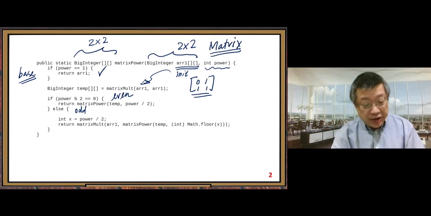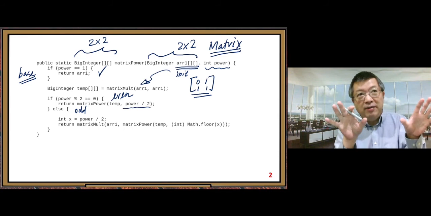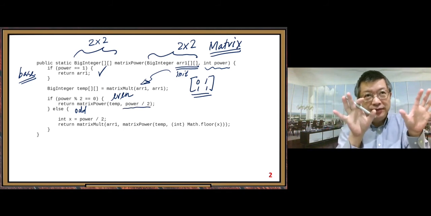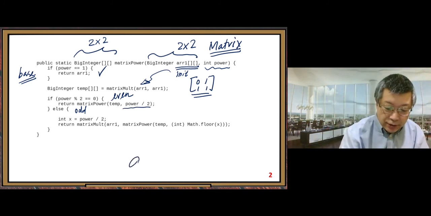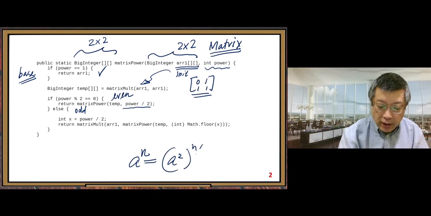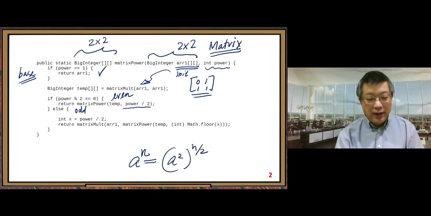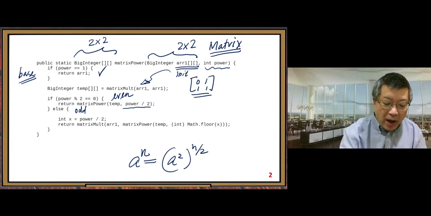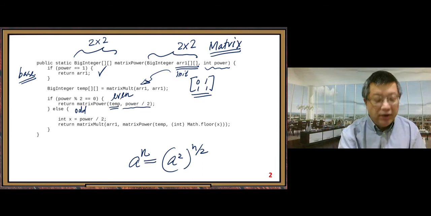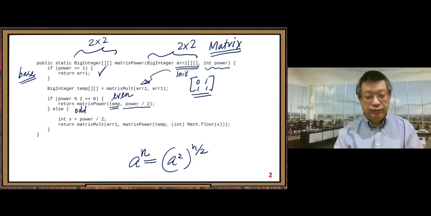If it's the even case, then we can split the power evenly. That is the idea that a to the n equals a squared to the n over 2. So this time, the initial matrix becomes temp, but the exponent is reduced by half, power over 2.